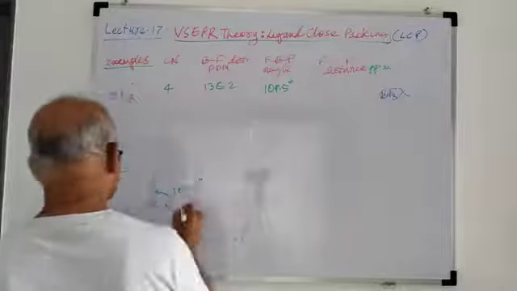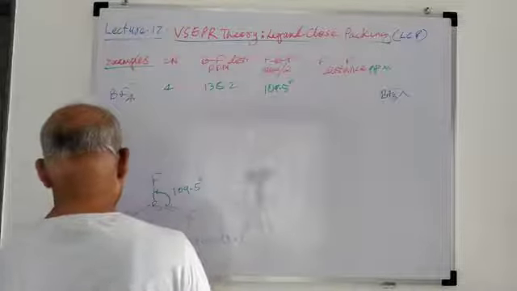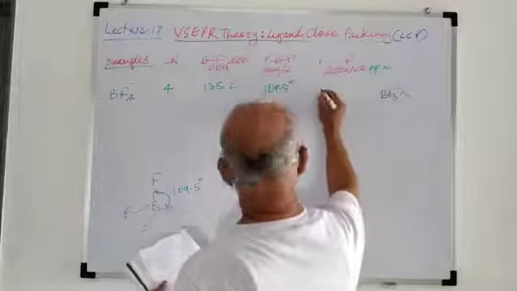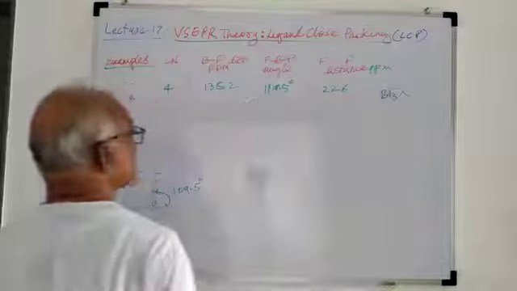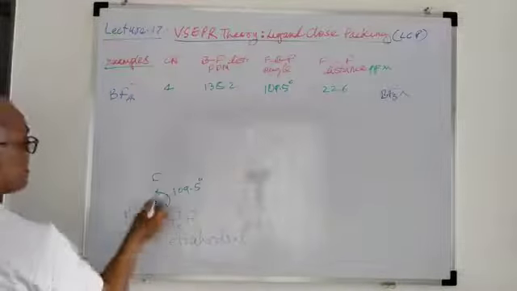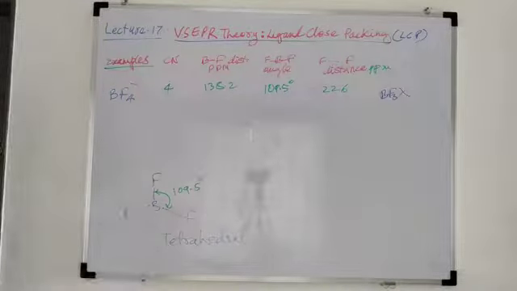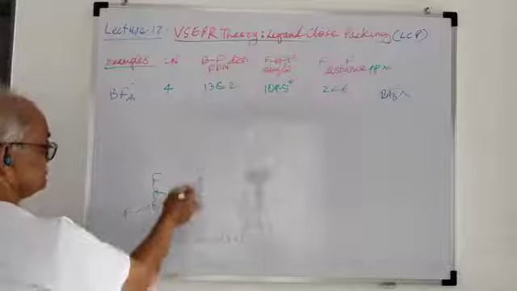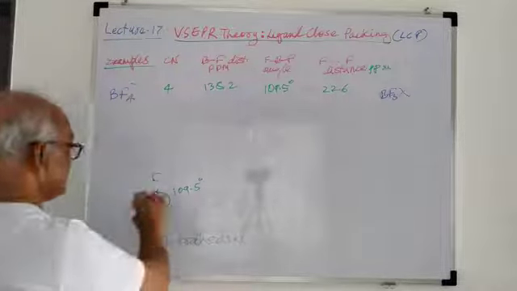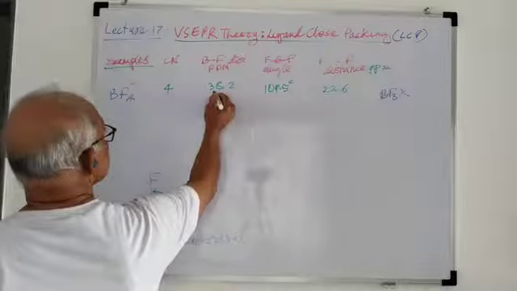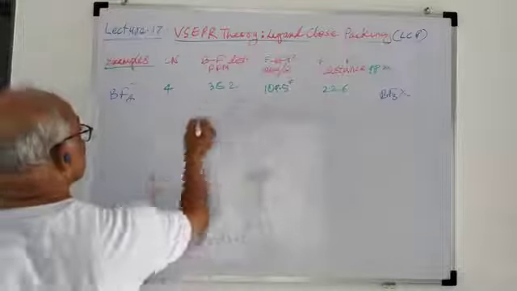That is a perfect tetrahedral angle, and this FF distance is 226. So here all fluorines are the same atoms, so the bond angle is the same everywhere. The BF distance is 138 point.